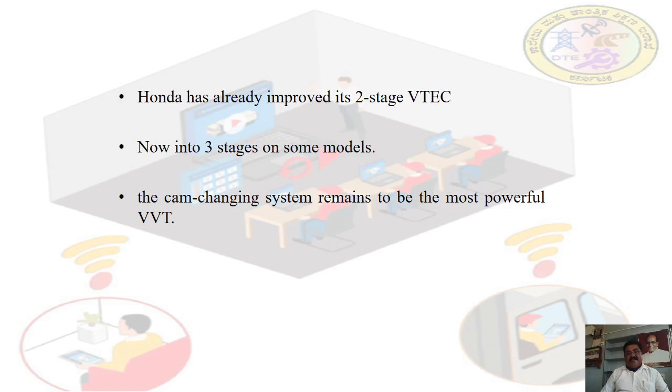Honda introduced this technology in the late 1980s, and it has improved from the two-stage VTEC system to a 3-stage one. In the older version we used a 2-stage system, but nowadays Honda has introduced a 3-stage system in some models.